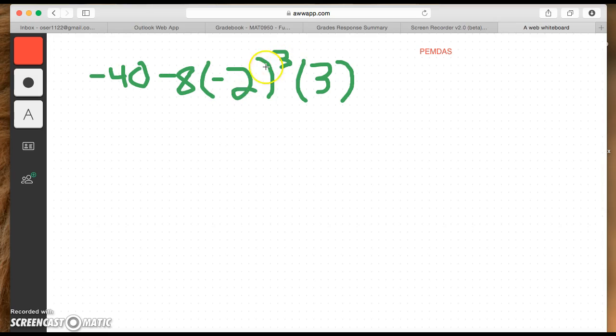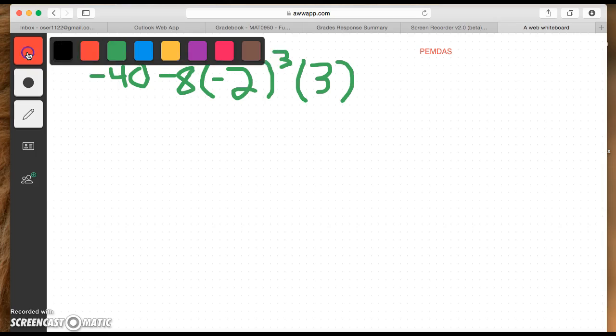We do have an exponent here. We're taking negative 2, which is the base of our exponential, and we are raising it to the third power. That is the power or the exponent of our exponential. So that's what we need to take care of first. So let's go ahead and do that.